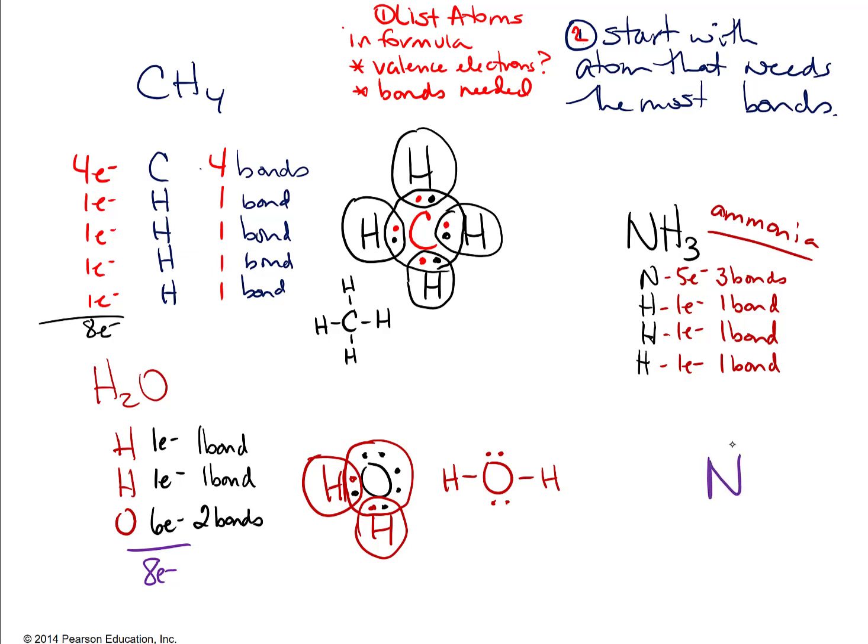Start with nitrogen. Nitrogen has 5. See how it leaves 3 empty spaces to the left, right, and below. Just put a hydrogen in each of those spots, pairing. That gives nitrogen its 8, gives each hydrogen its 2.